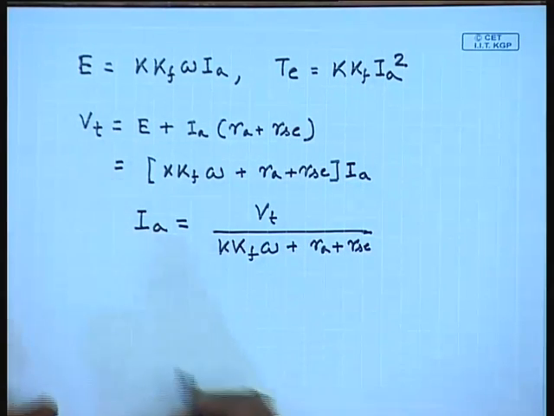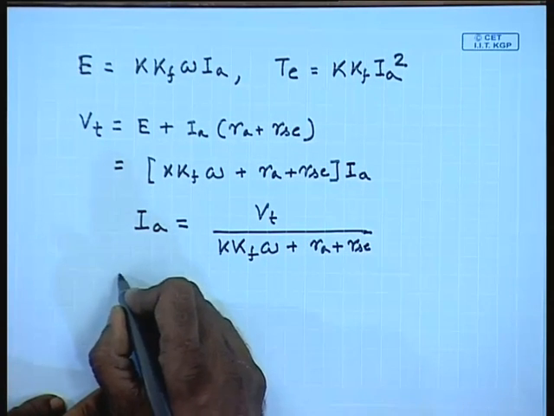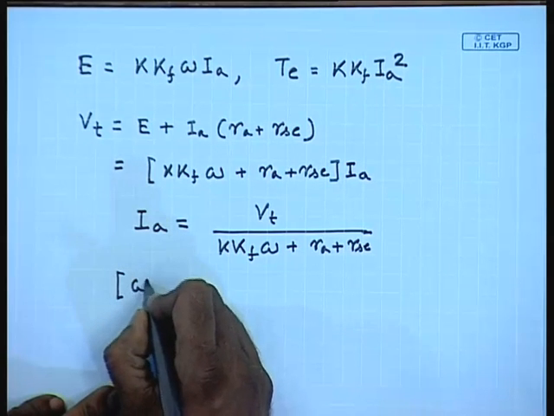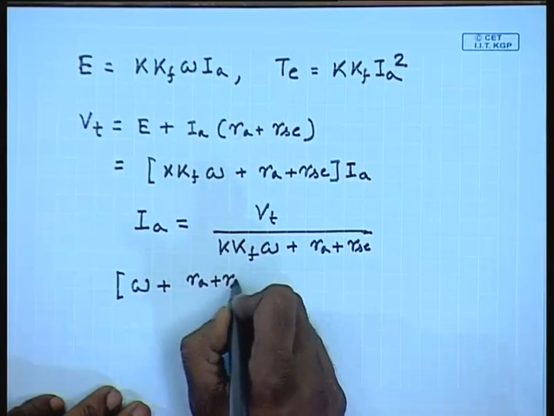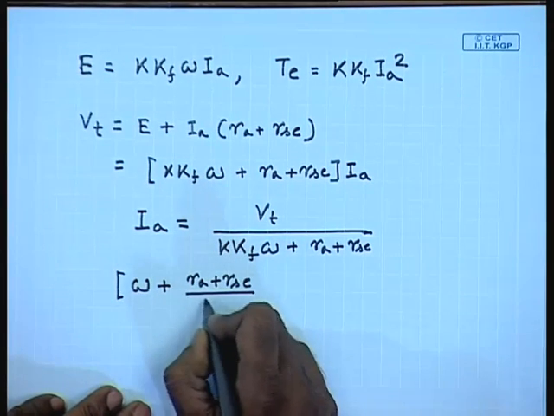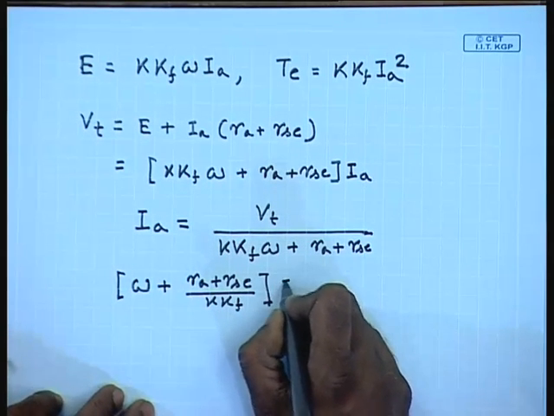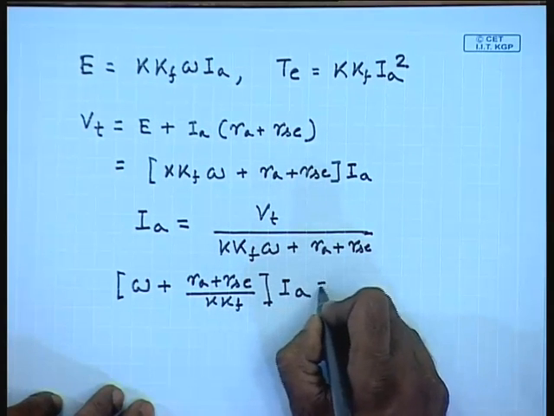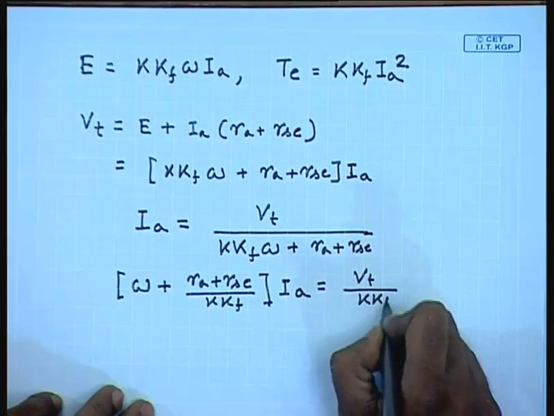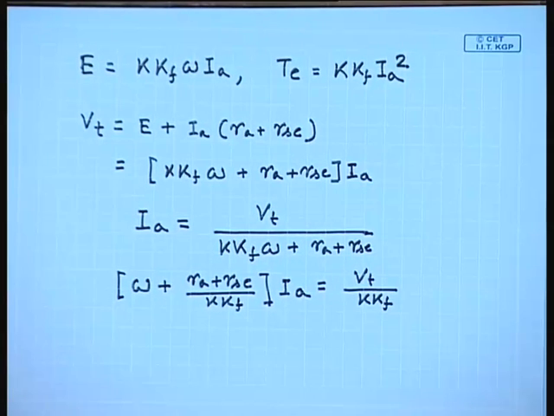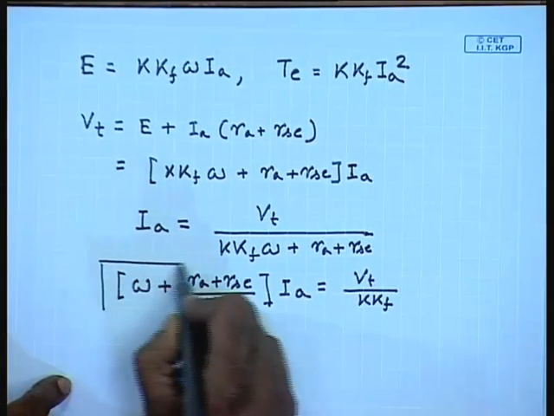Or, (omega plus (R_a plus R_ac) by K k_f) into I_A equal to V_t by K k_f. So, this is the speed versus current characteristics.